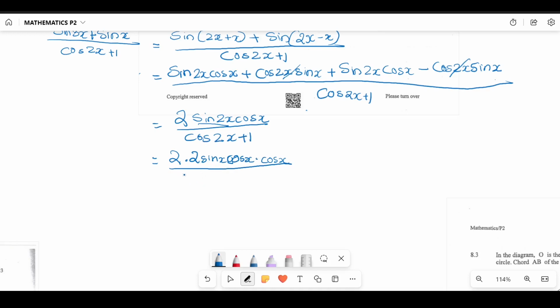That will cancel the plus 1, which can be 2 cos square x minus 1 plus 1, which gives you 4 sin x cos square x on top, and in the denominator 2 cos square x. Cos square x cancels, 4 and 2 cancel, and what is remaining is 2 sin x, that is a single trigonometric ratio.